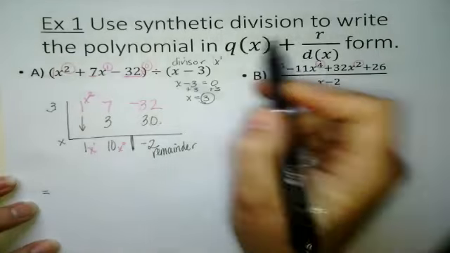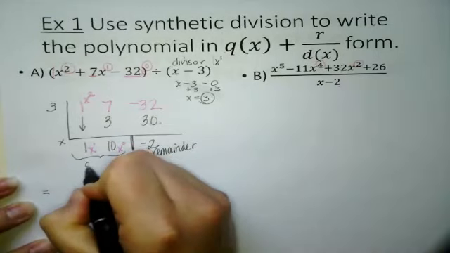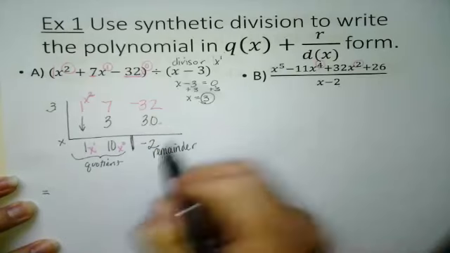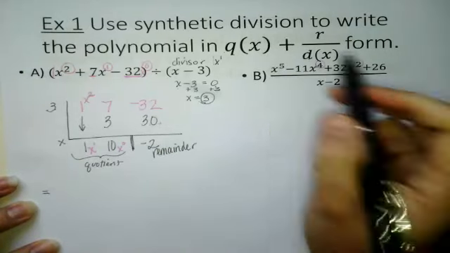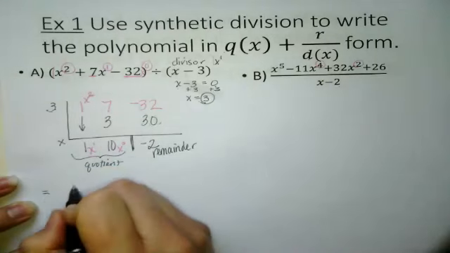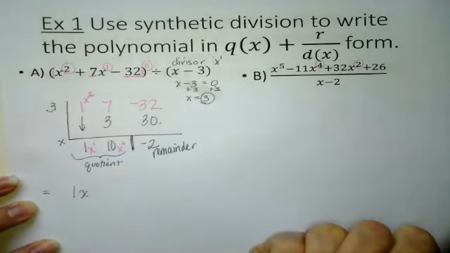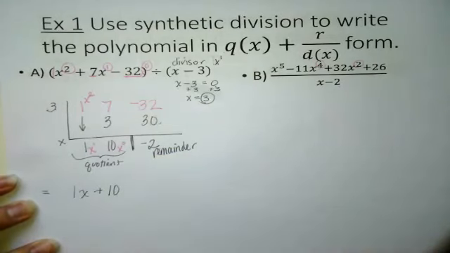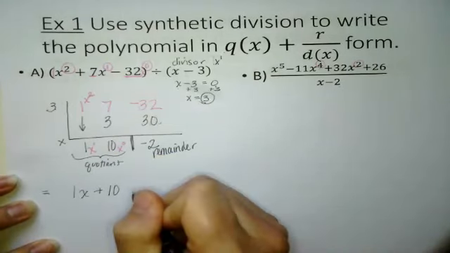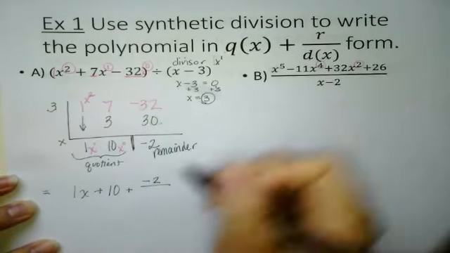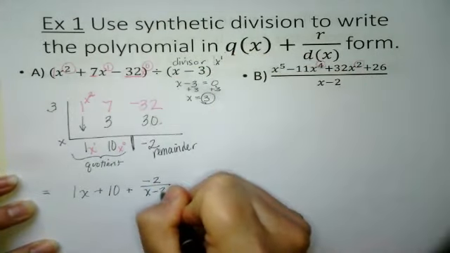So if I wanted to write, here is my quotient, my remainder, and d of x is my divisor, which was up here. So my quotient is 1x to the first, which is just 1x, plus 10x to the 0, which would be just 10. And then we can write plus a remainder over our divisor of x minus 3.